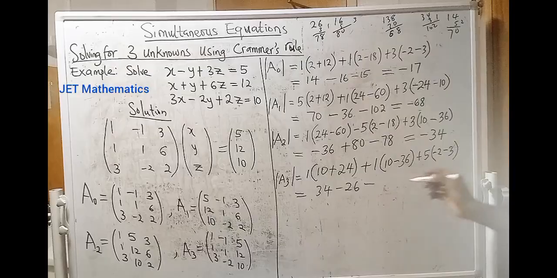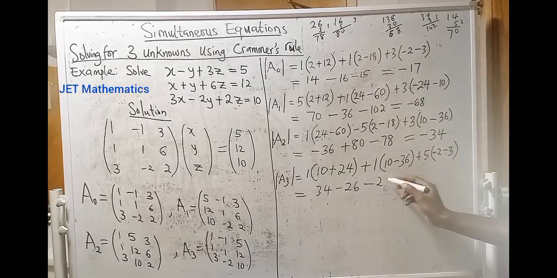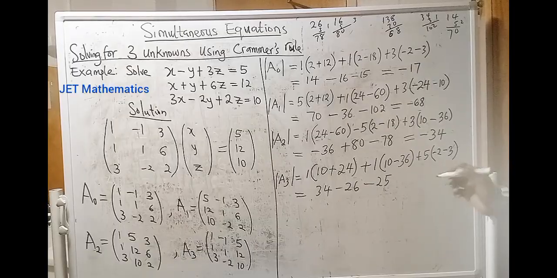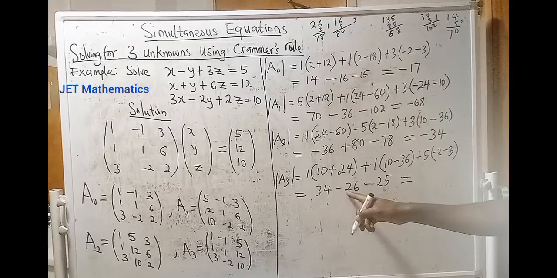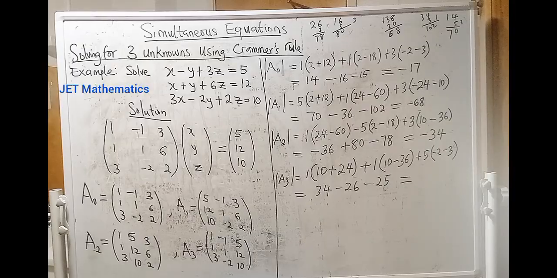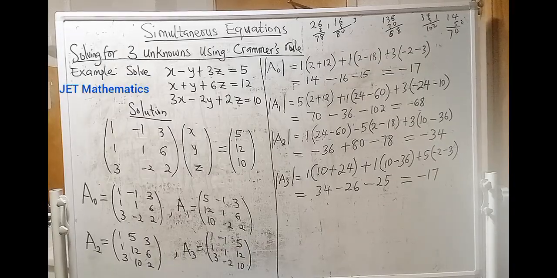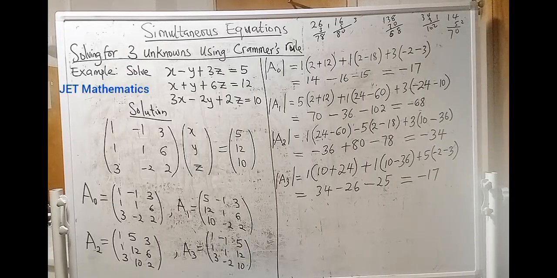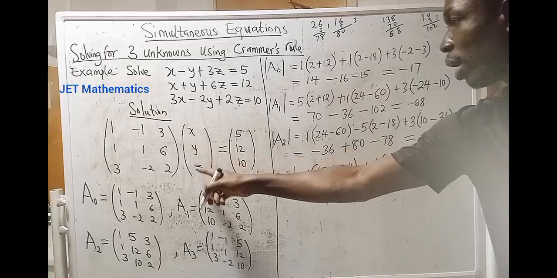Then minus 25. So that gives us, I think that should be this, and this is minus 50, minus 51. 34 minus 51, that should be minus 17. Alright, minus 17.